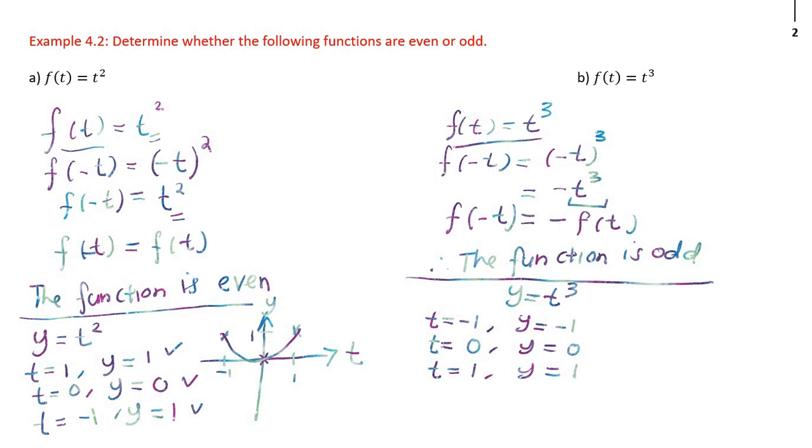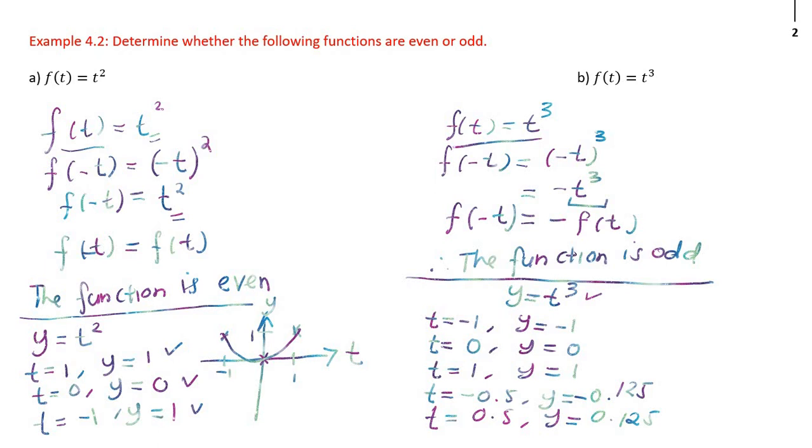To see a better picture, I take another point. If I take t 0.5, y is 0.125.